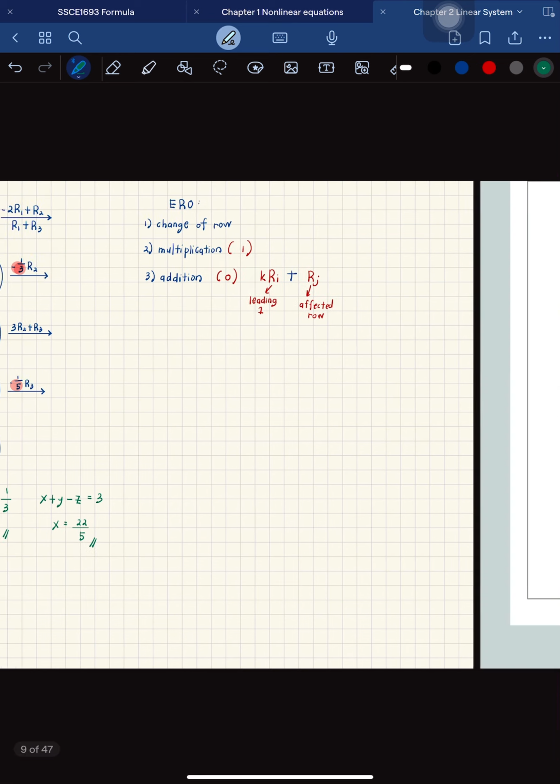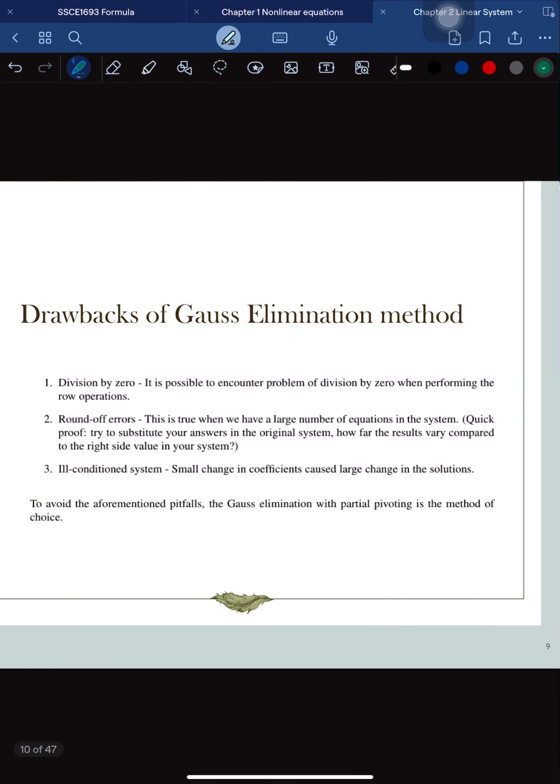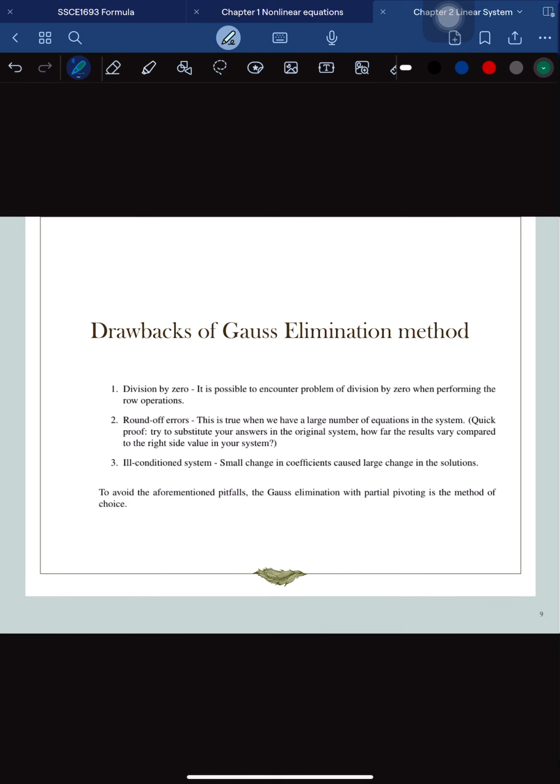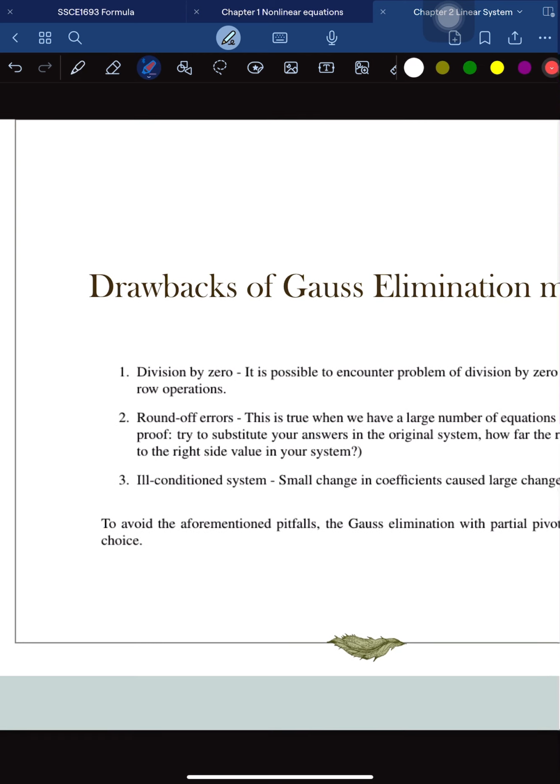Right. So there are drawbacks, or problems, when we apply the Gauss elimination method. First, if we have division by 0, it will be a problem because the answer will be infinity. The other problems are round-off error and ill-conditioned systems.